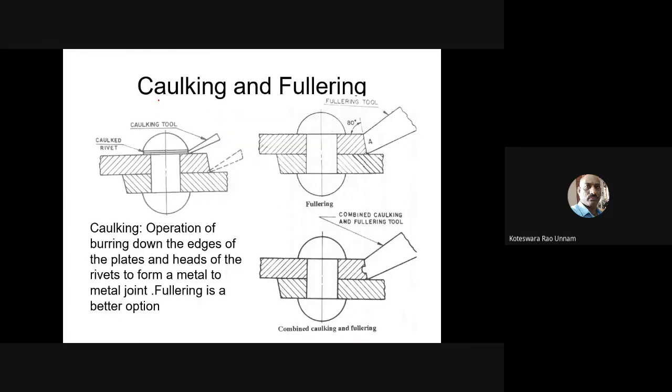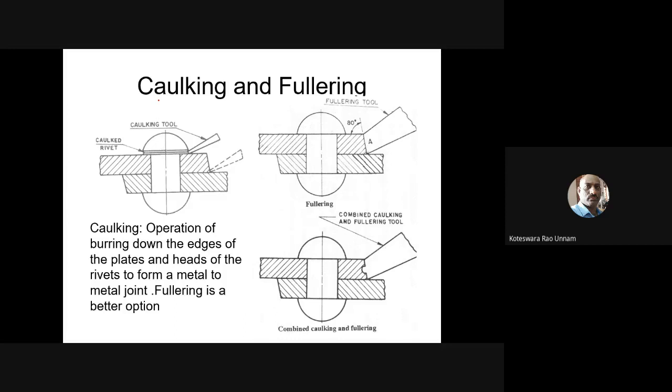Then we'll take up two more methods, or two more processes, to make the joint. While discussing the purpose of a riveted joint in the beginning itself, we said the riveted joint should provide strength as well as tightness to the components.